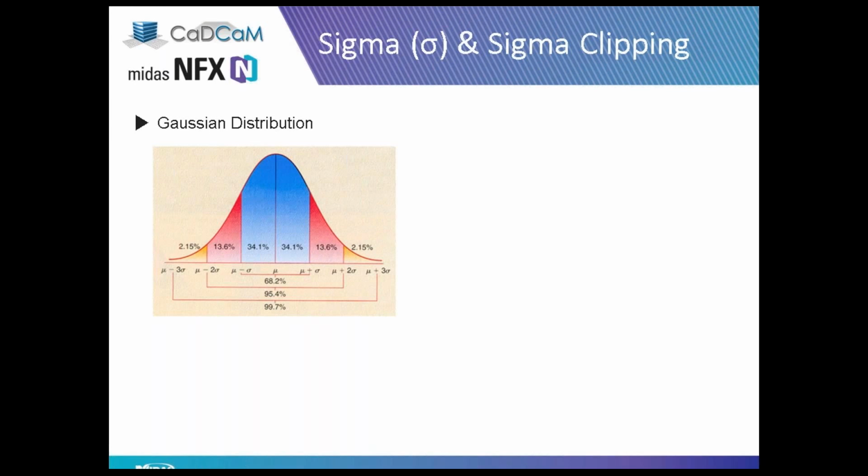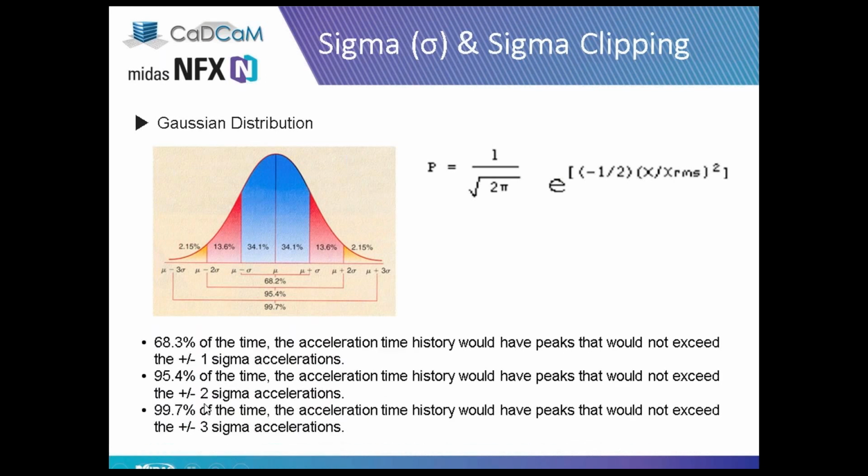Plus minus 2 sigma is 95.4% of the time, and 99.7% defines the 3 sigma time the system is exposed to. This is the Gaussian distribution, and this is the elaboration of the percentages for 1 sigma, 2 sigma, and 3 sigma.